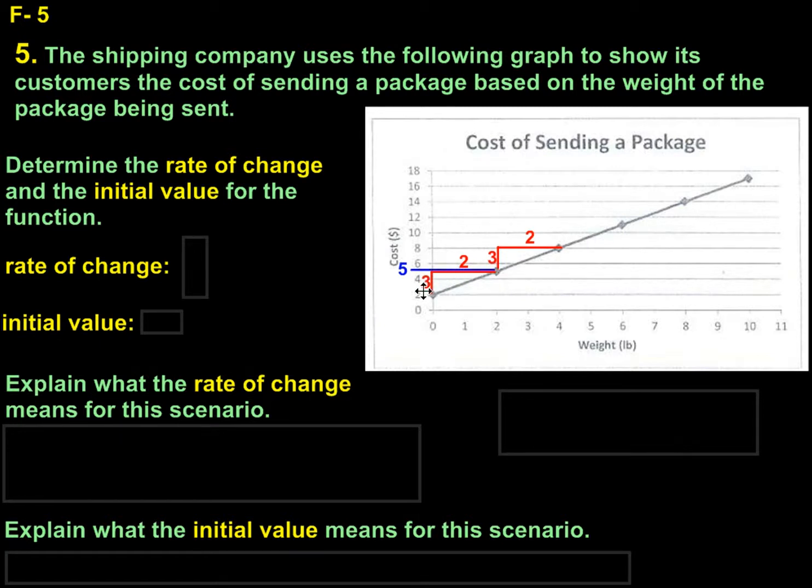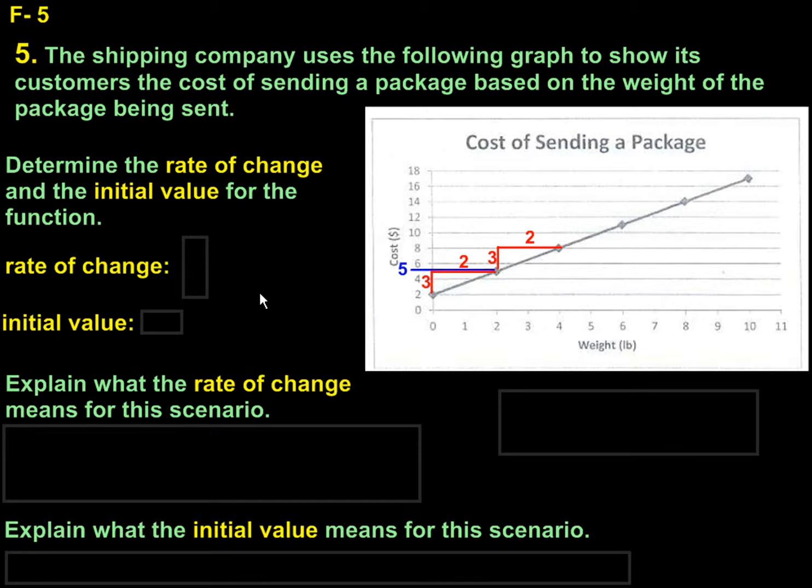So you should recognize this as the rate of change, or the slope. And that's going to be y over x, y being this side, our cost, and x always being the horizontal line.